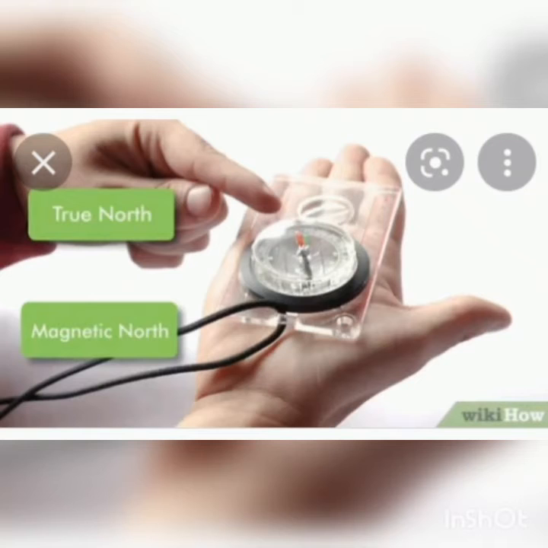A magnetic compass is usually a small box with a small magnetic needle at its center. This needle can rotate freely and always points in the Earth's north-south direction. Different directions are marked on the compass. Here are some figures that show how we find directions using a magnetic compass.